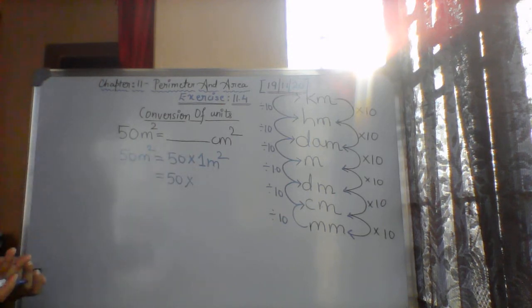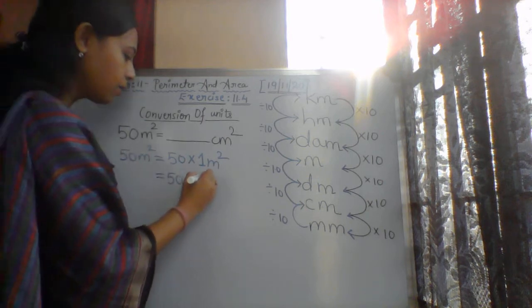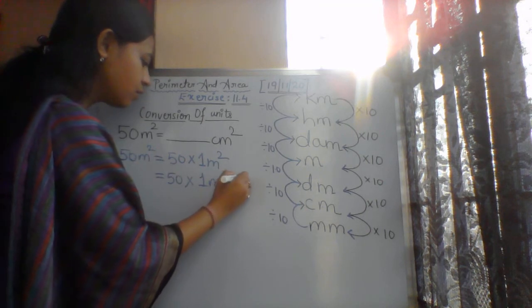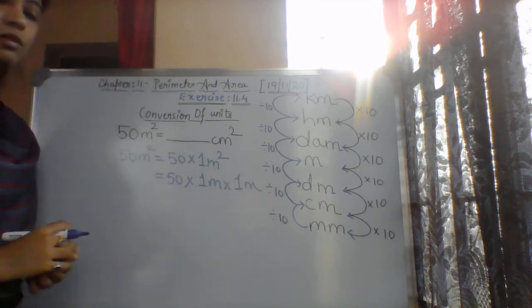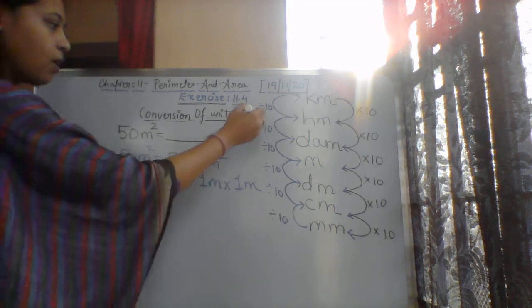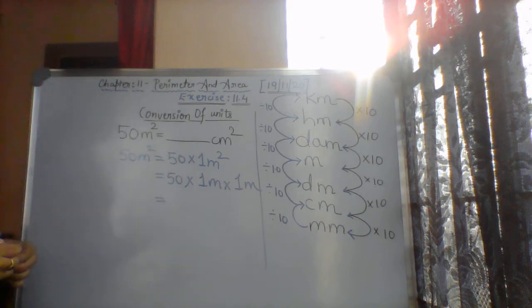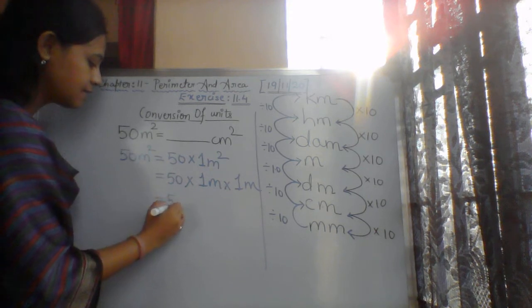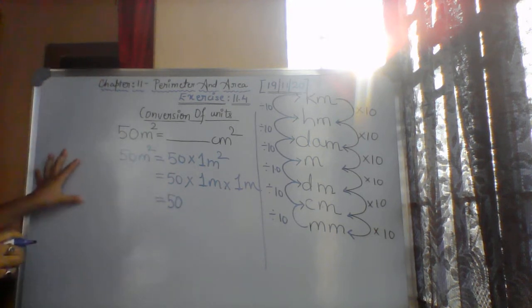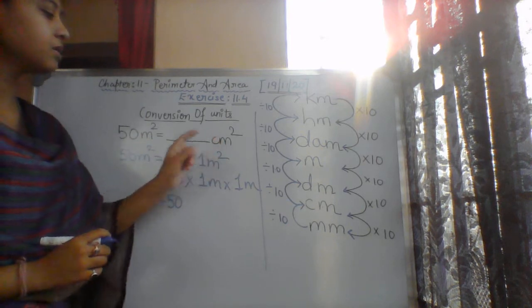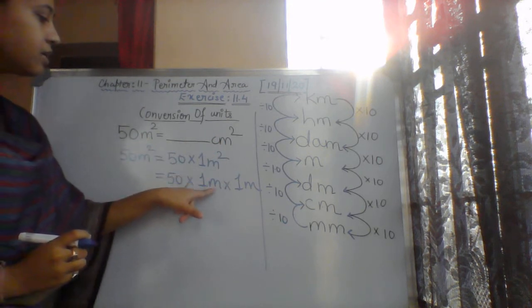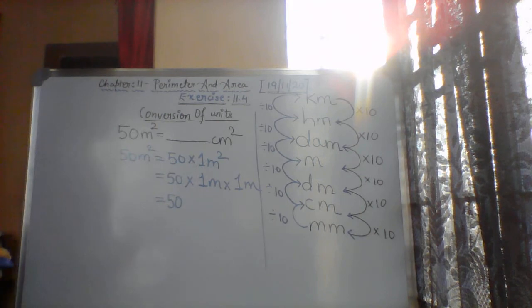1 meter square, which I can write as 1 meter into 1 meter. I am writing 50 as it is. Now I want to convert meter square into centimeter square, so each meter I have to convert into centimeter.